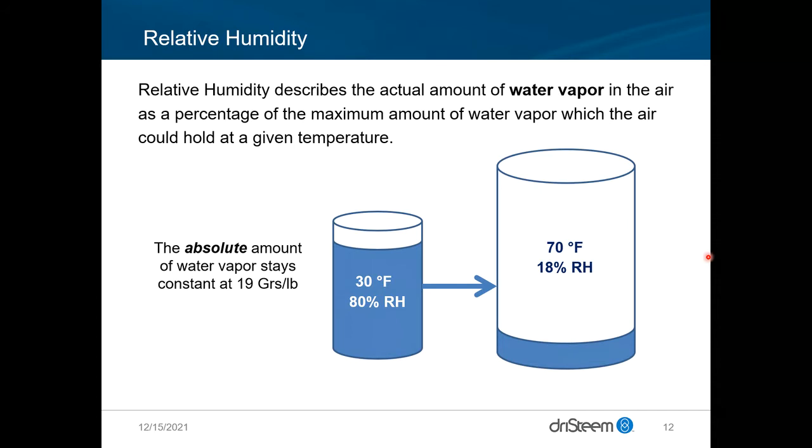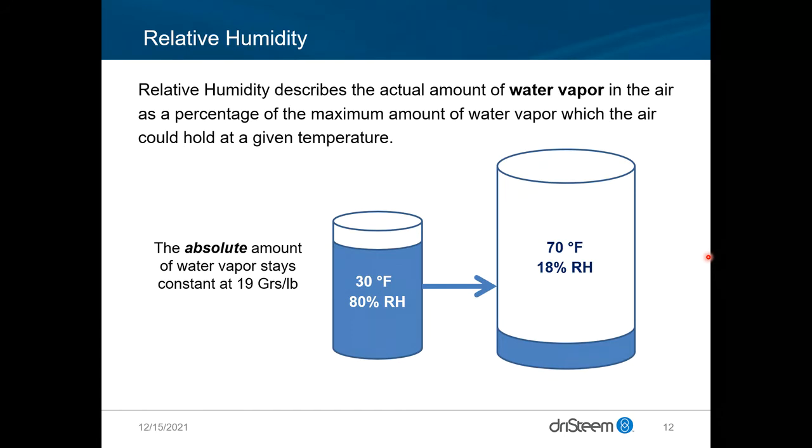You see an example of a container with 19 grains per pound of humidification. Again, that is an absolute humidity level. If you were to take that 19 grains and take the temperature of that air from 30 degrees to 70 degrees, your moisture level stays the same.